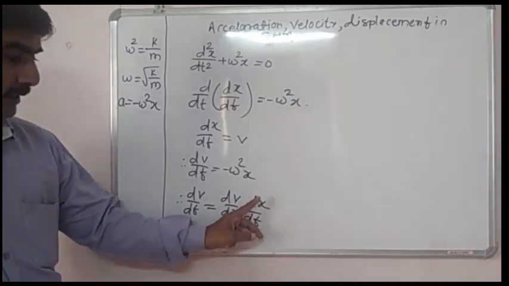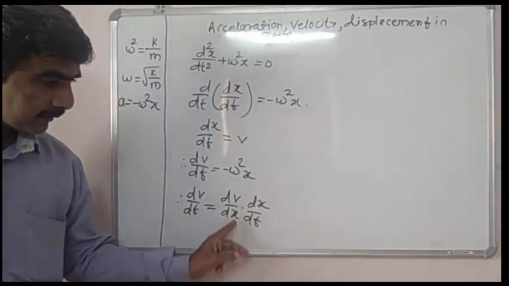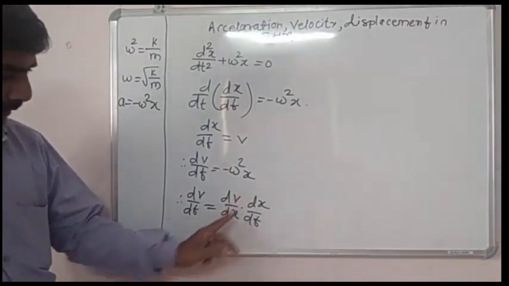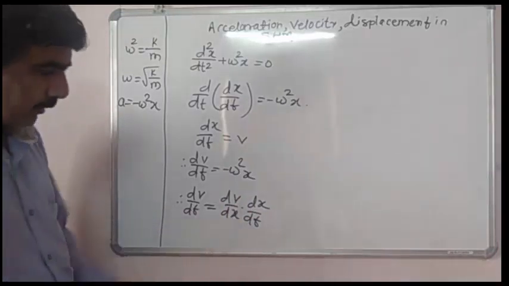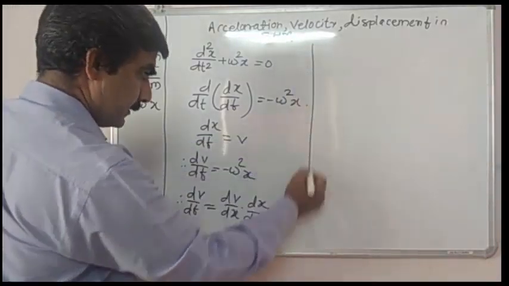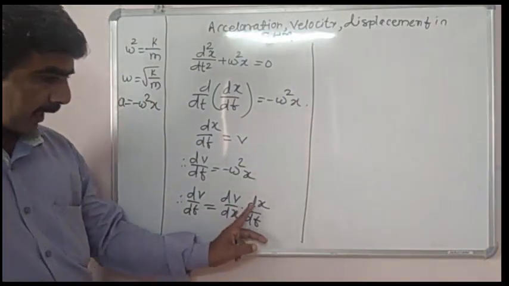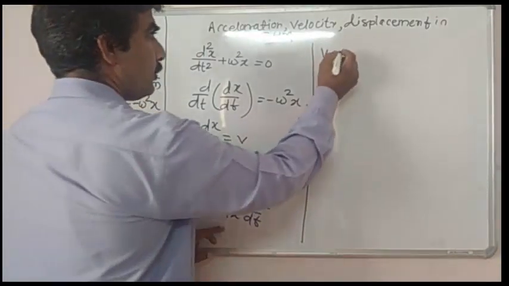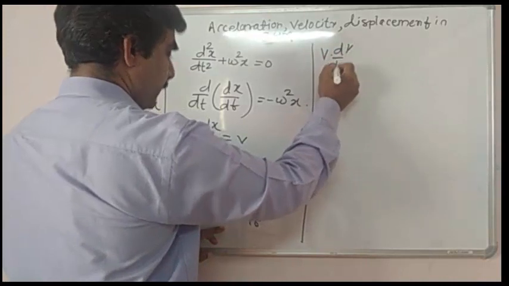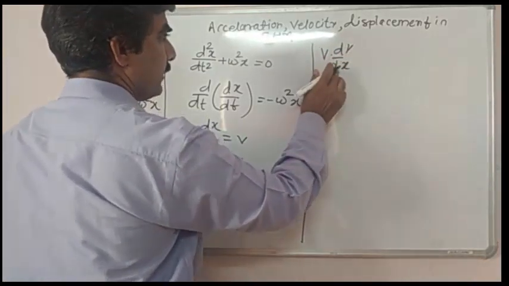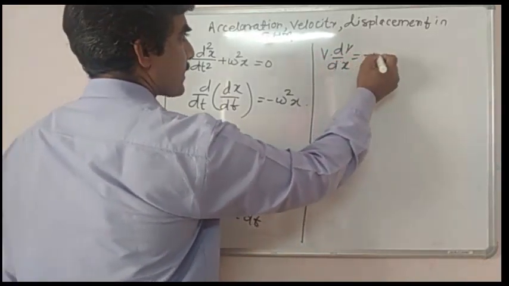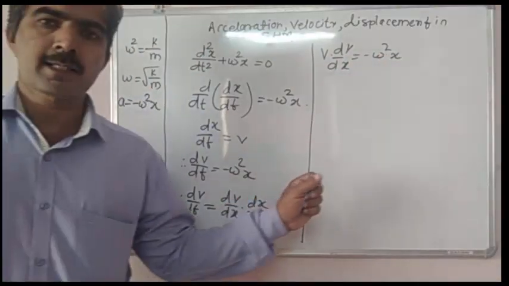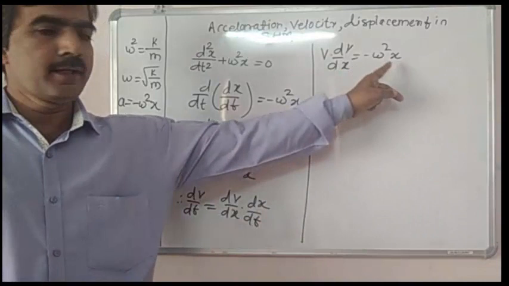And this dx by dt is nothing but velocity, that is rate of change of displacement. Hence we can write this equation as velocity into dv by dx, which is equal to minus omega square x.